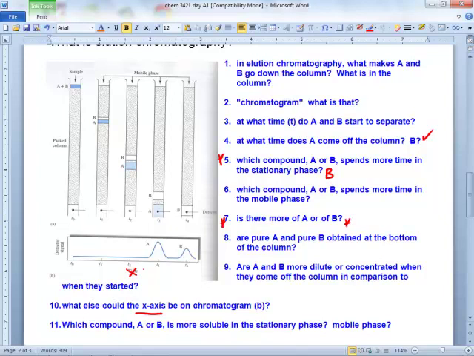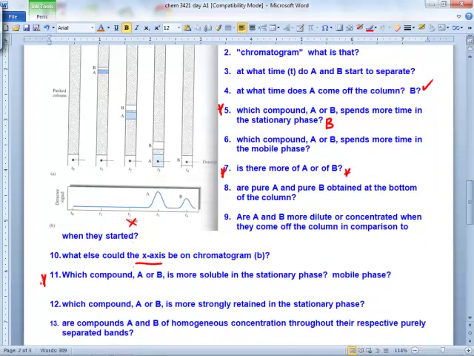Distance won't work. Good point. So instead of time, the only one I can think of is the amount of mobile phase you've added. You've added 1 mil or 2 mils or 3 mils or 4 mils. You're adding, say, 10 mils a minute or something. But the amount of mobile phase you've added could be an x-axis. I really can't think of another one.